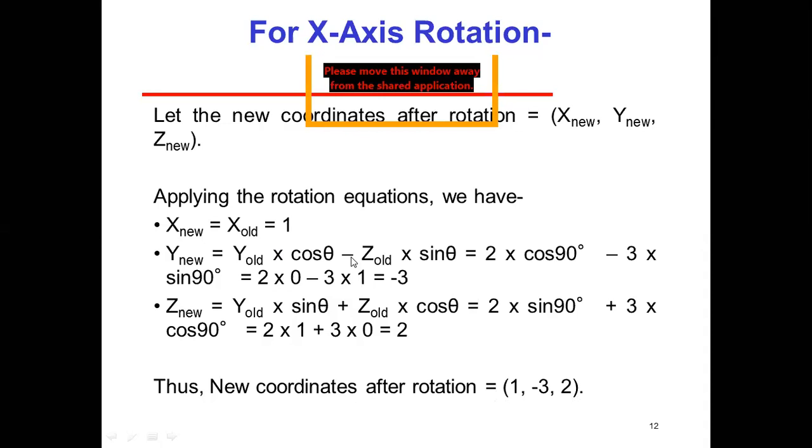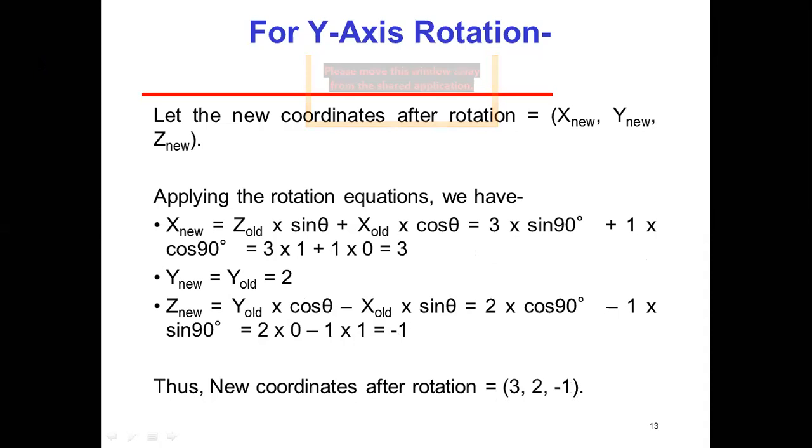So in the given equations, you can use the equation for x-axis rotation, and calculate the new coordinates easily. I hope no problem will come. Now you can calculate for y-axis rotation. Again, you have to use the formulas.